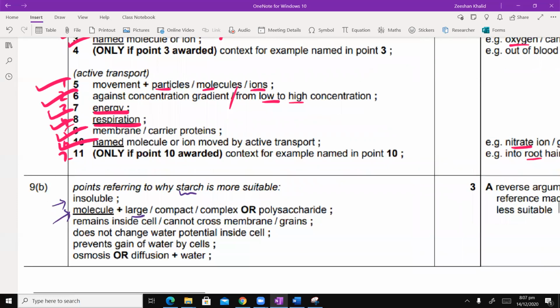Yeah, complex है. Yeah, I did mention the word complex. It remains inside the cell, cannot cross the membrane, does not change the water potential. That's the main point, बच्चो. Does not change the water potential and therefore prevents either gain or entry of water, of course, by the process of osmosis. Okay, I hope everybody understands this.